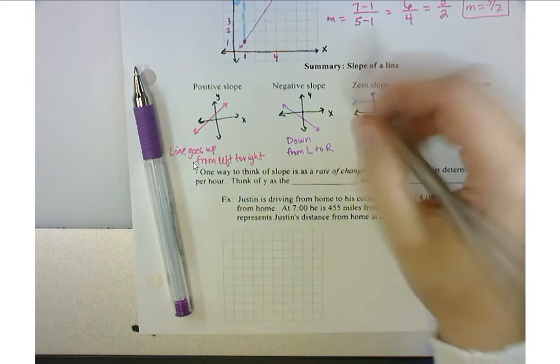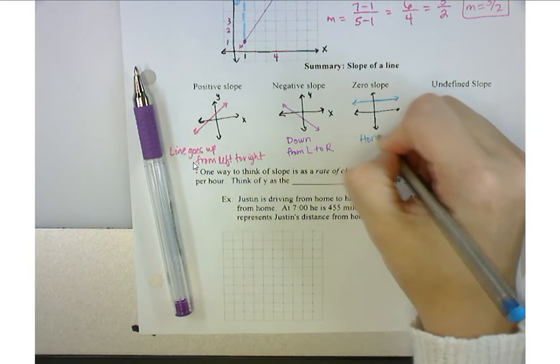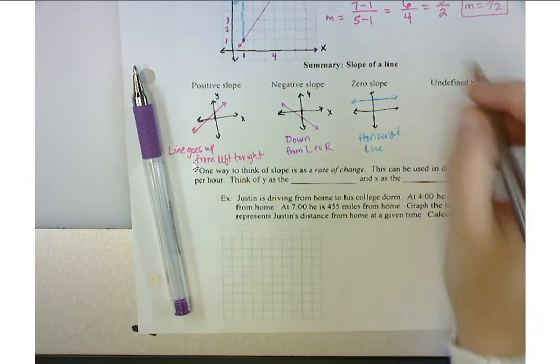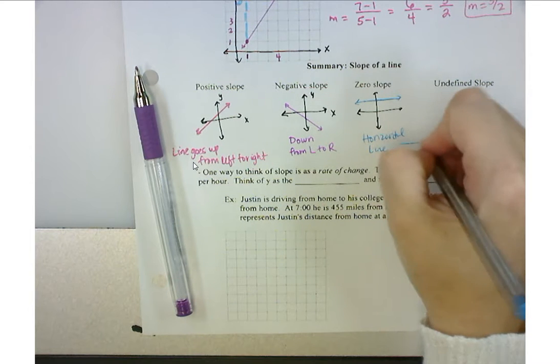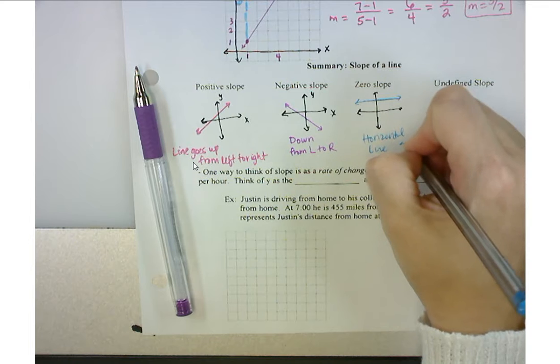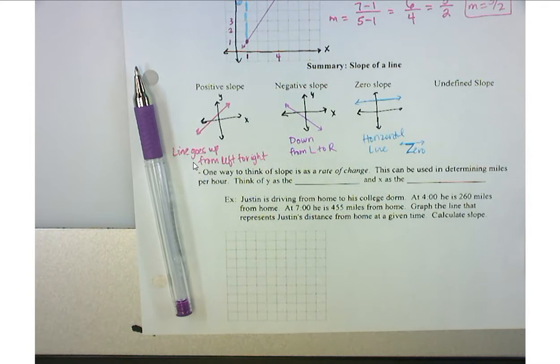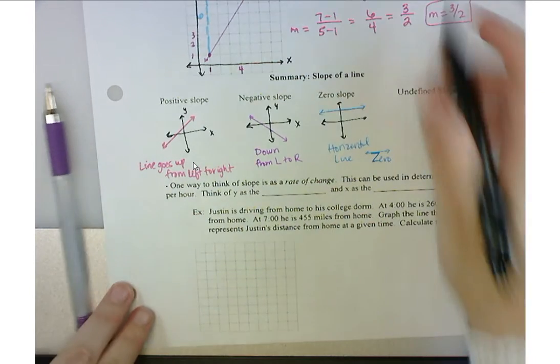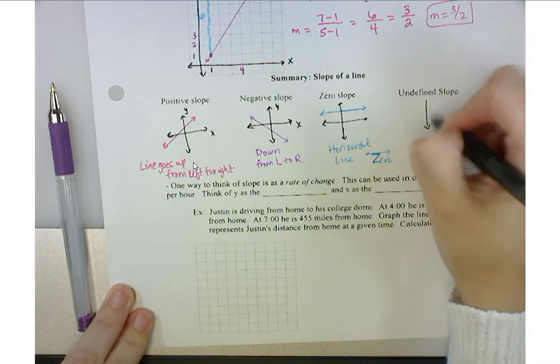Okay, so this would be a horizontal line. This is how I remember. The horizontal line, if you were to draw the horizontal line, it's like the Z in zero. Because for the undefined, if it's undefined, that's when it's a straight line that's what? Vertical.